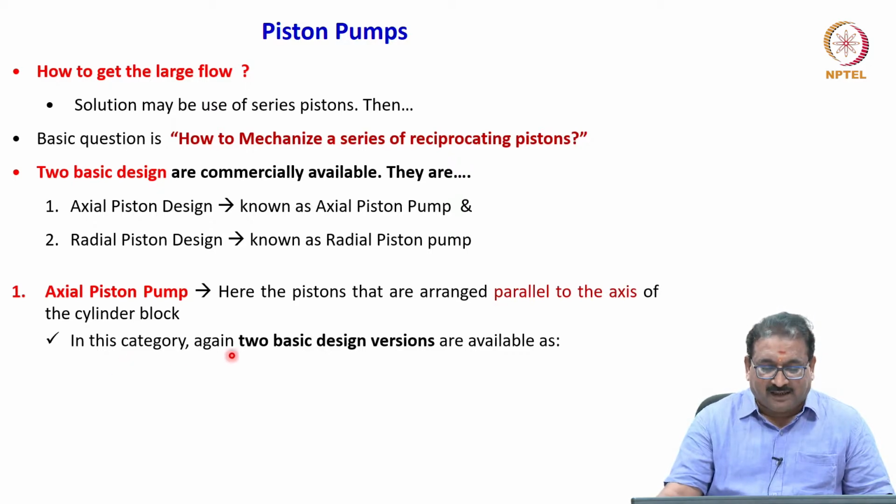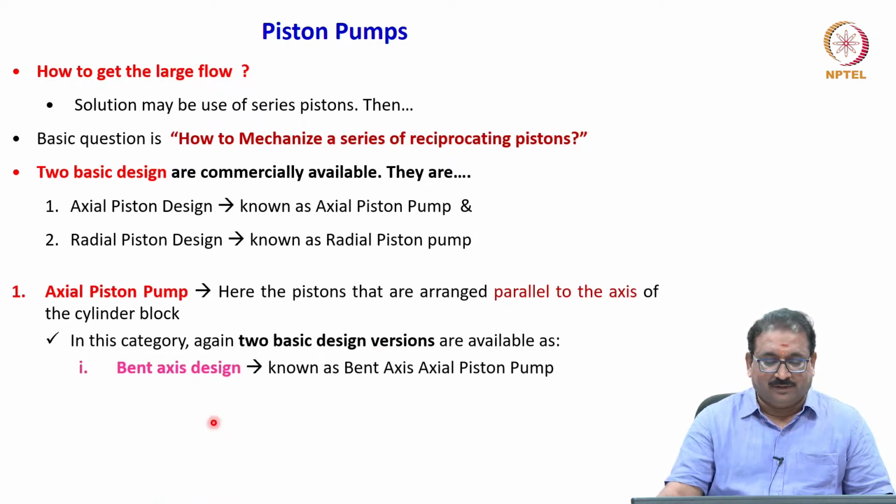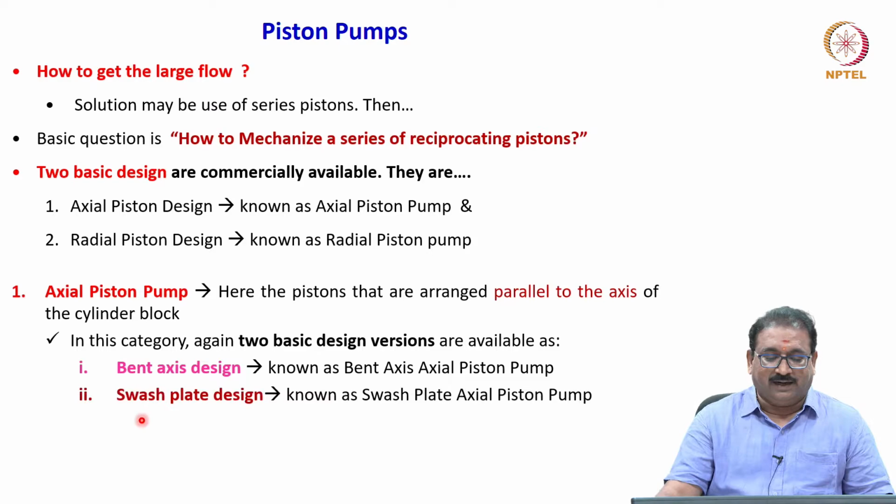In this category again we have two basic design versions. One is the bent axis design, also known as bent axis axial piston pumps, and another is the swash plate design, also known as swash plate axial piston pump. In these categories, you may get pressure compensated pumps also, to suit the requirements of the industries.